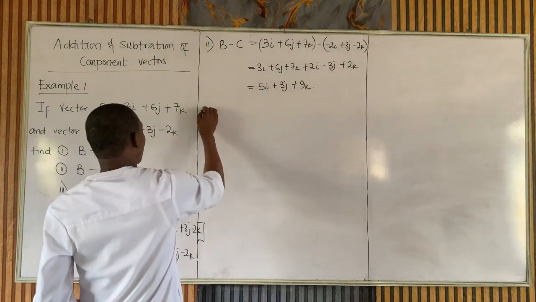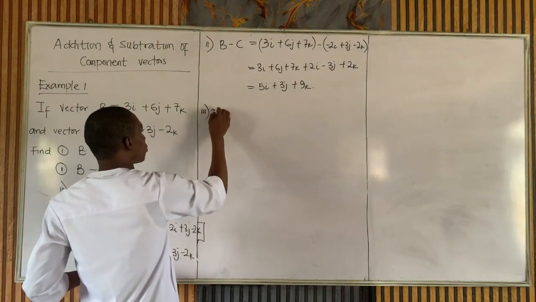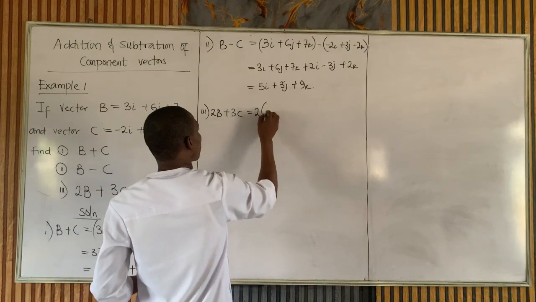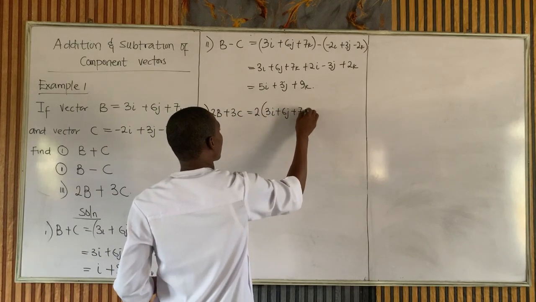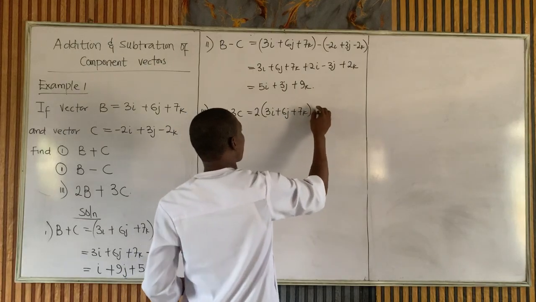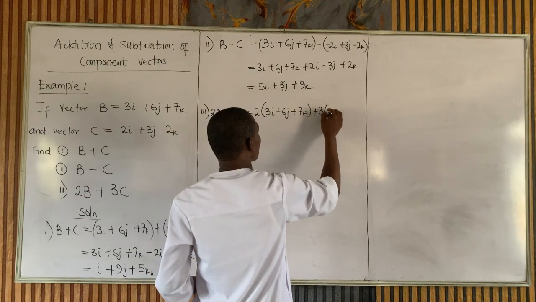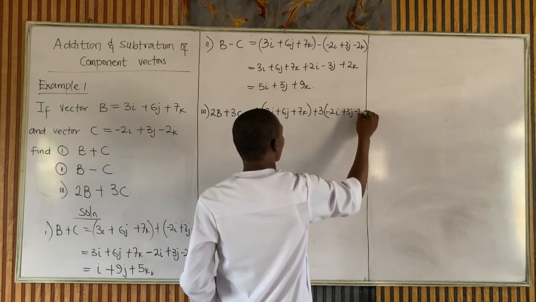Let's take the last one now. The last one says 2b plus 3c. So 2b plus 3c is going to give us 2 into 3i plus 6j plus 7k, plus 3 into c. C is minus 2i plus 3j minus 2k.